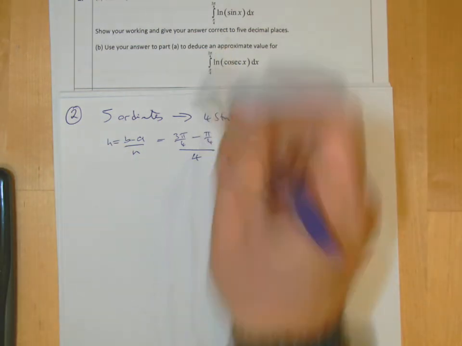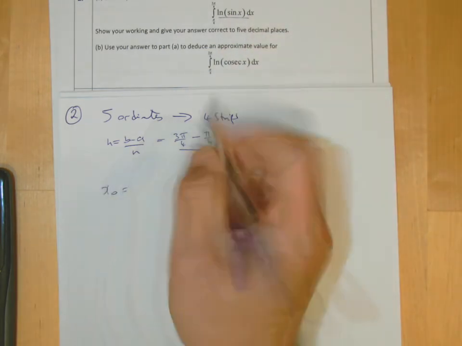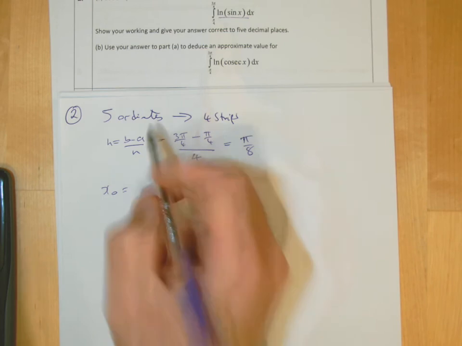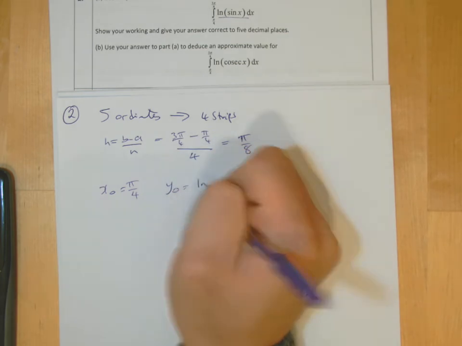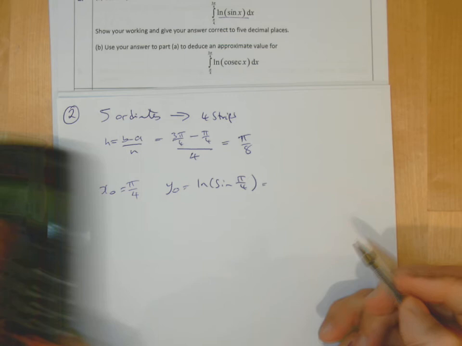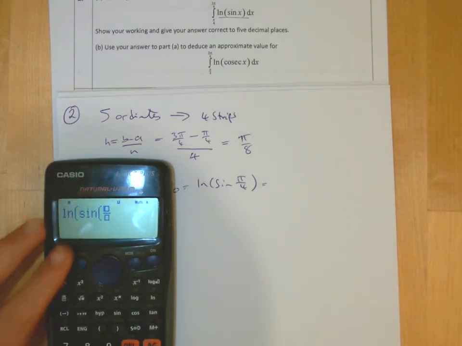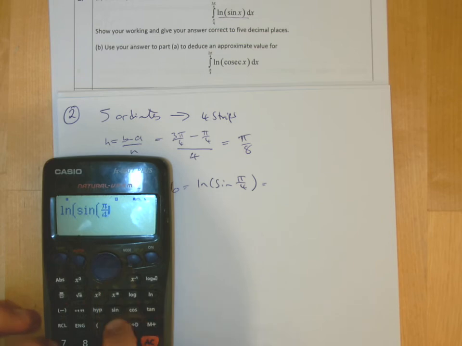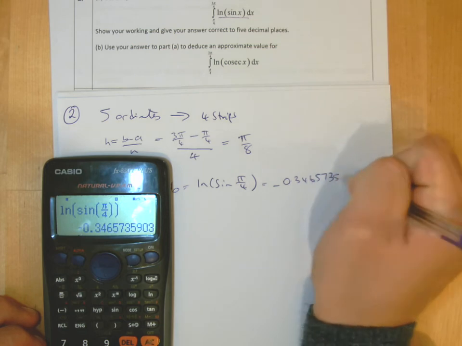And this is my function ln sine x. So x0 will be the lower limit. Now the lower limit is pi over 4, don't forget. So x0 will be pi over 4. It's not always 0. And then we work out what y0 is. So we do ln sine pi over 4. We work out what that is, and that comes to minus 0.3465735903.